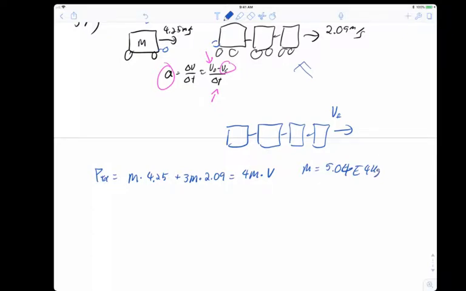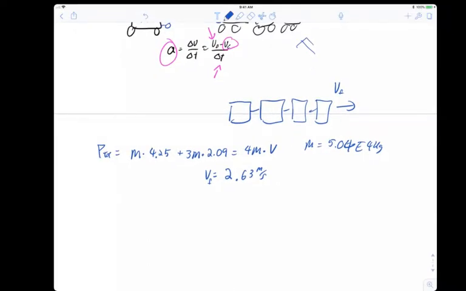So I plug it all in and solve for v. 4.25 plus 3 times 2.09, divided by 4. Final velocity of the train is 2.63 meters per second. So now I can use this acceleration equation.